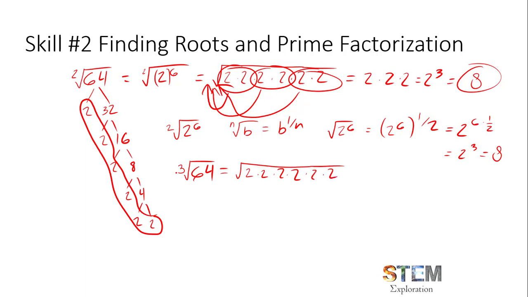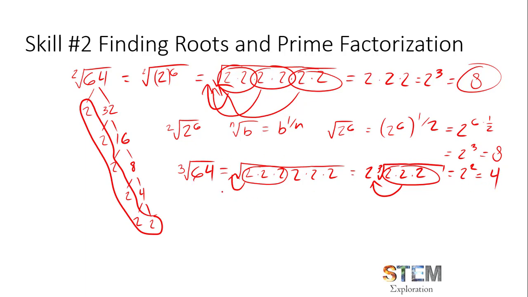So the only difference with a cube root instead of a square root is that we need 3 of these 2's to pull it out of the radical, and then say 2 times 2 times 2, or I should say cube root. And since we have 3 more 2's here, we can pull this out and say 2 squared, which is equal to 4. So the cube root of 64 would be 4.